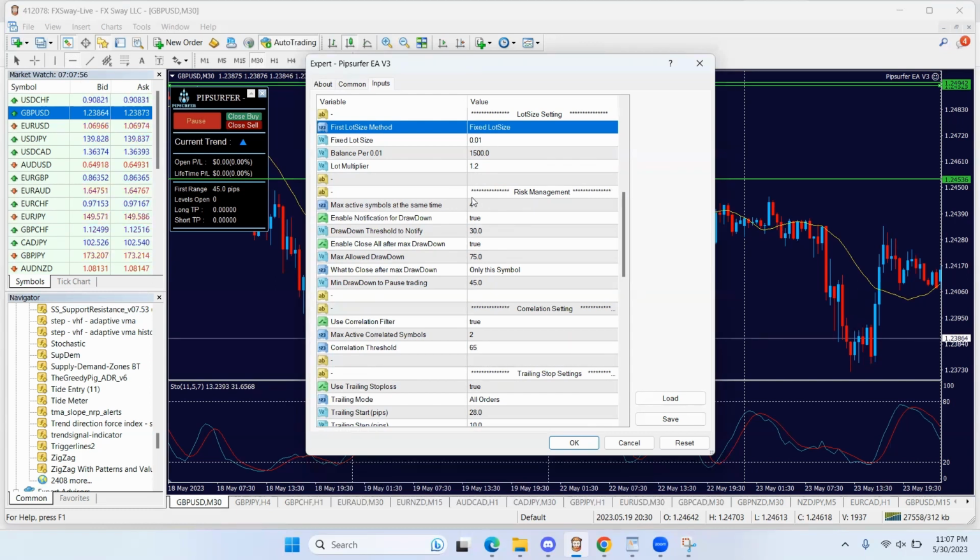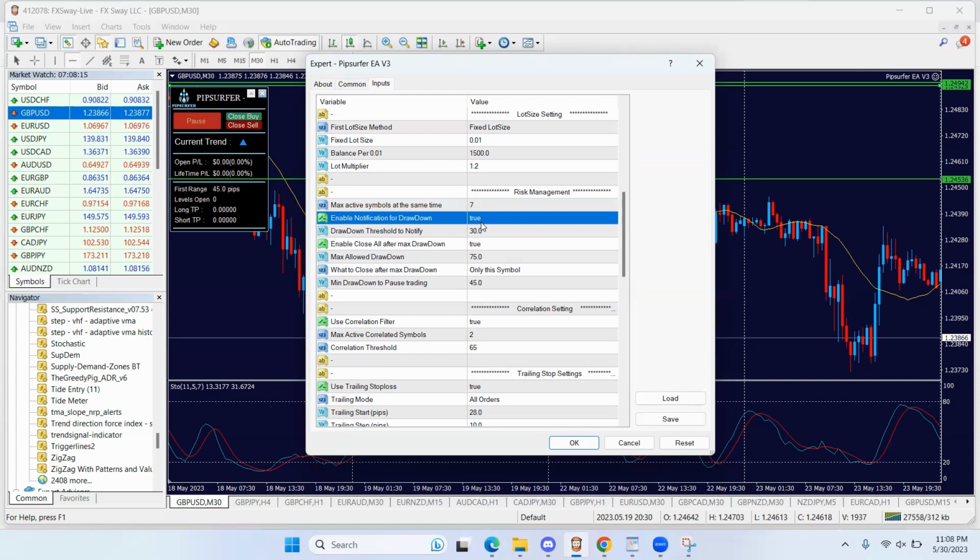You can change the setting. You can even get more advanced with it and say on GBP USD, I don't care if there are 4 pairs already trading, I want it to trade anyway. You can increase it to 6 or 7, to let Pipsurfer know that even if there are 4 trades on your other pairs and you have this setting at 4, on GBP USD you have this setting at even 5.